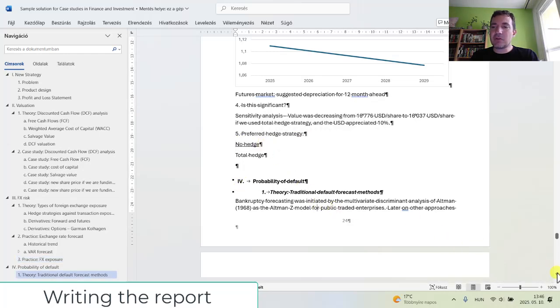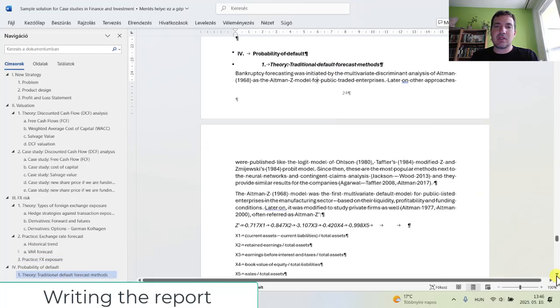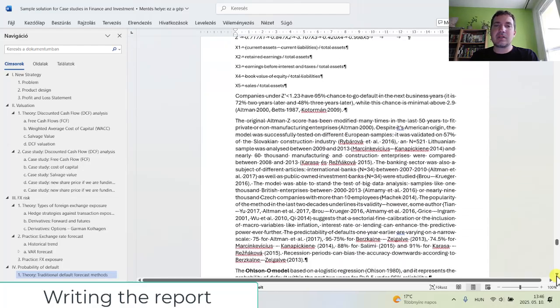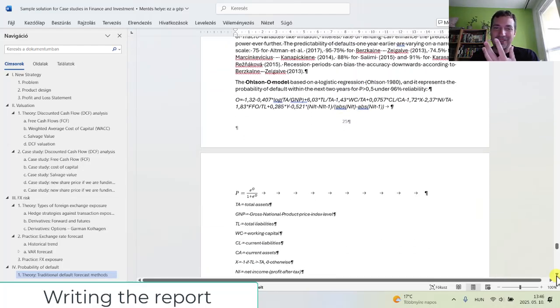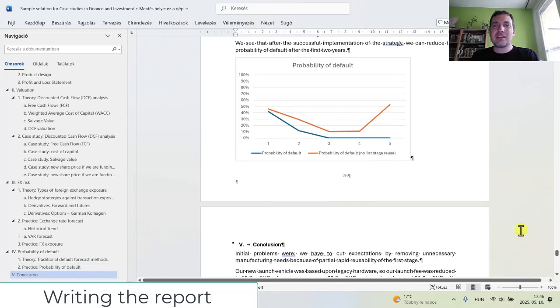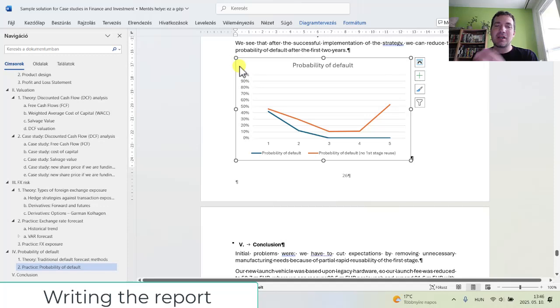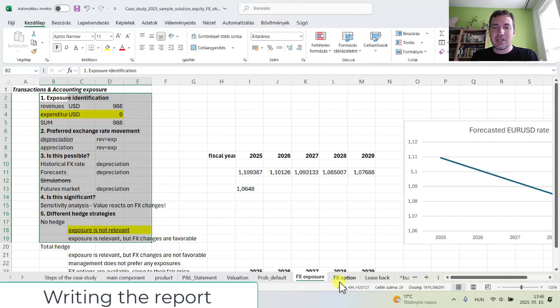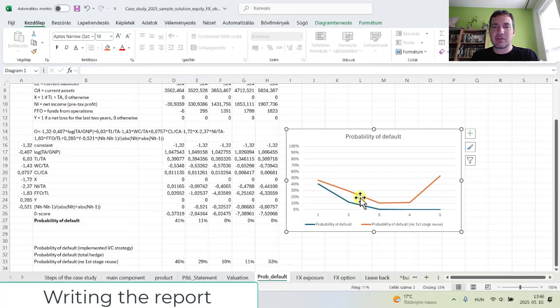Then probability of default. Again, there is the theoretical description just to show you what we are doing and how it was used or not used and so on. So that was the justification for you. What is relevant is that you have to pick up this figure from the probability of default sheet.